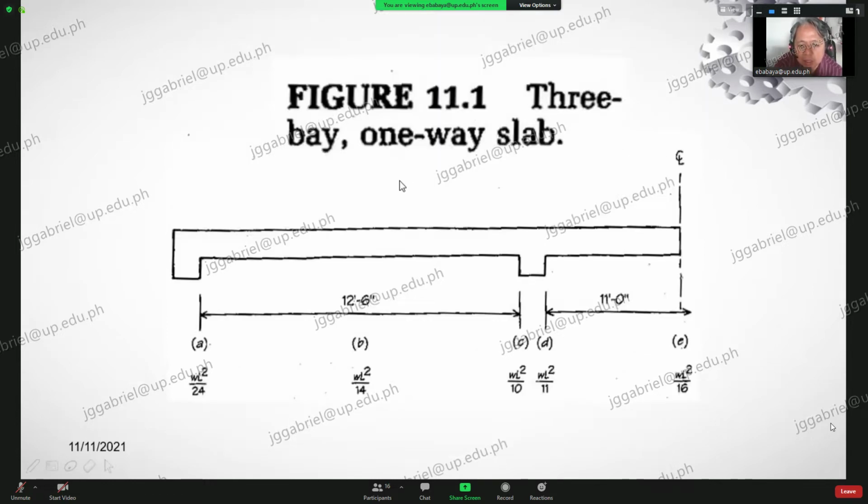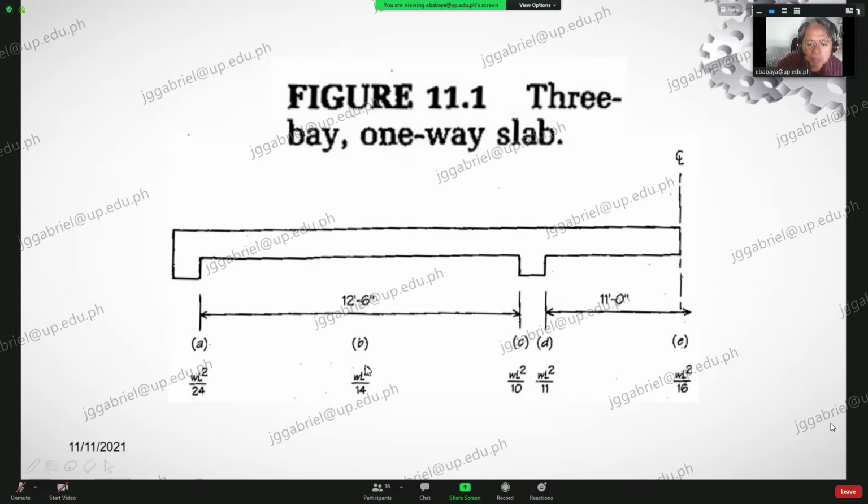Now, this is the figure, no? Figure 11.1, 3-bay, one-way slab. Now, we are given the moments, no? Computation for moment. Moment here is WL squared over 24.